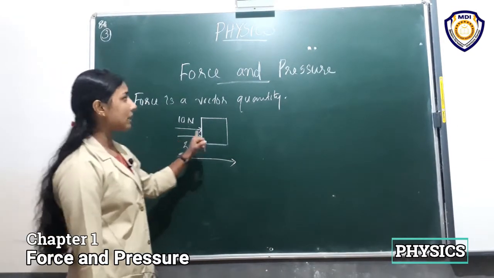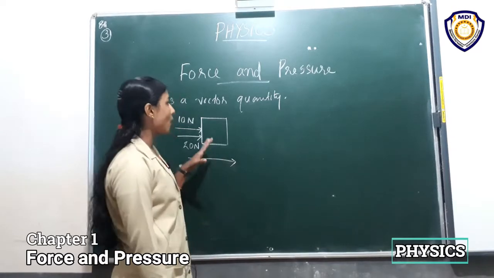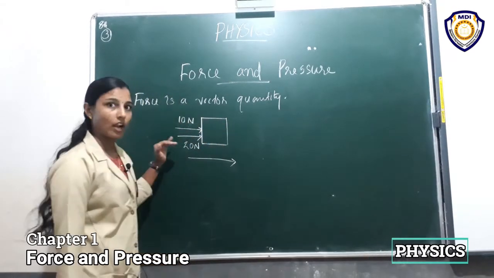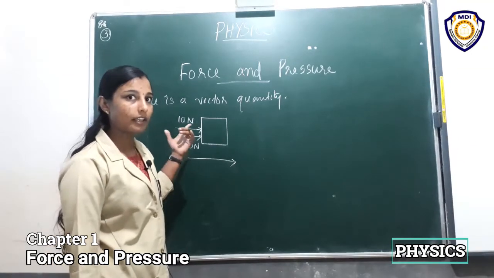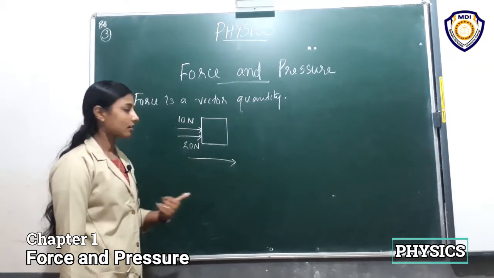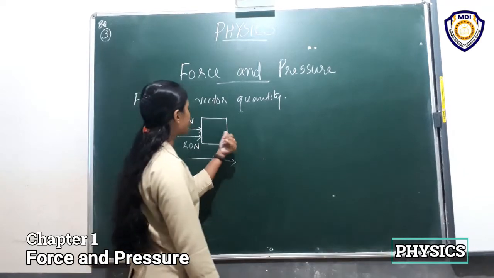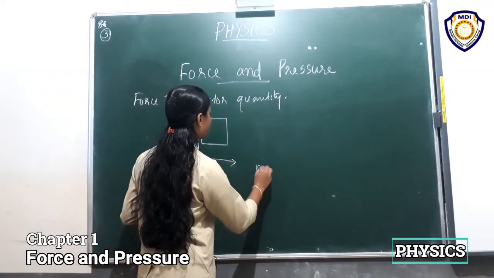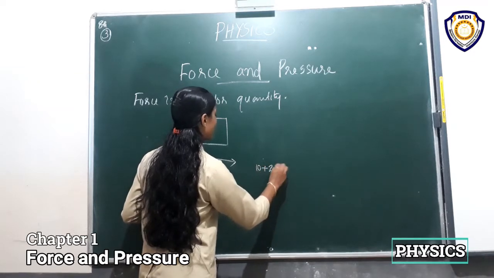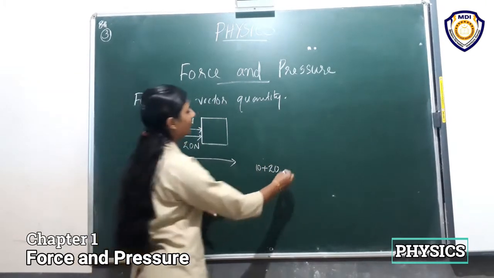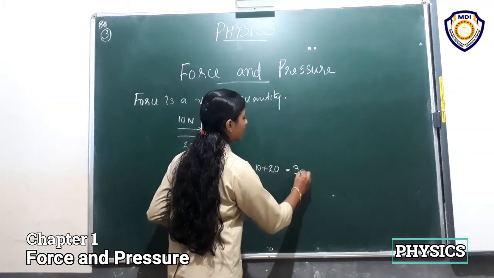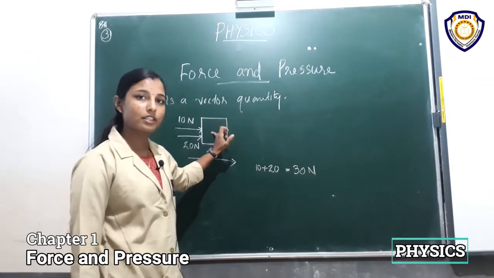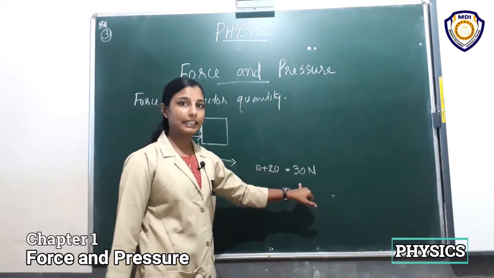So, the net force on this box is added up, as we already told in the last class. What is the net force acting on this box? It will be 10 plus 20, so it will be 30 Newton.